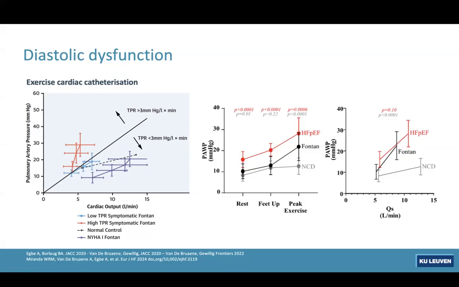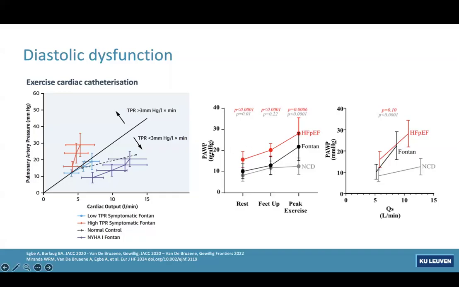We wrote a little editorial about it because in that initial paper, they focused quite strongly on the pulmonary vascular response, which I don't think was all it told. And indeed, maybe because of the editorial, I don't know, they compared the results they got in Fontan patients with results in patients with a biventricular circulation but HFpEF physiology.